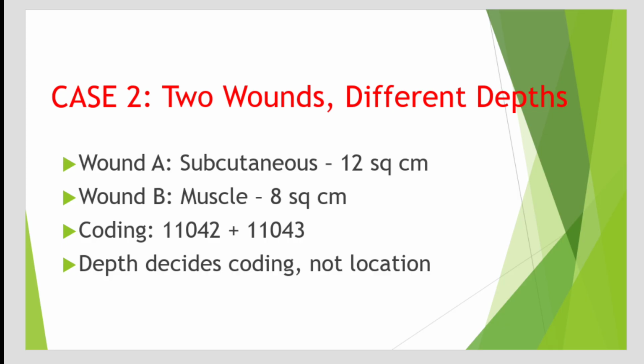So here the depth is different, that is subcutaneous and muscle depth. Different wounds, wound A and wound B. So we have to code separately. The correct CPT codes are 11042 for subcutaneous tissue, 11043 for muscle tissue.